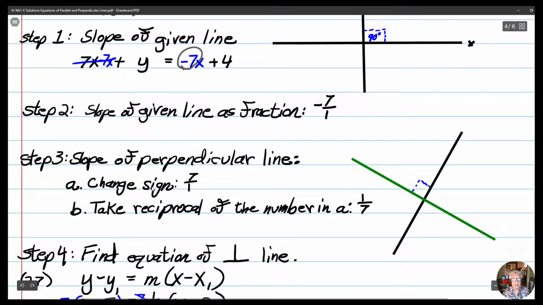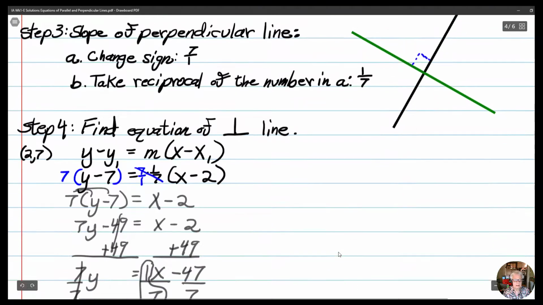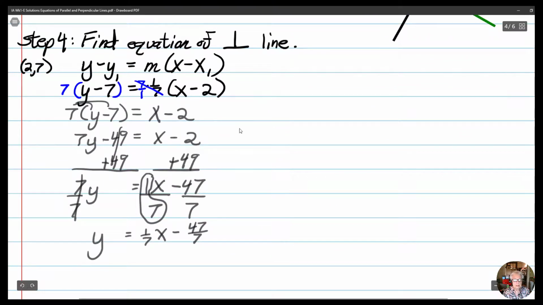I have to change the sign, and then I have to find the reciprocal of that fraction. That opposite sign and reciprocal is the slope of the perpendicular line. It's easier to do it than to say it. Then you just put the slope of the perpendicular line into your point slope formula, and you find the equation of the line.